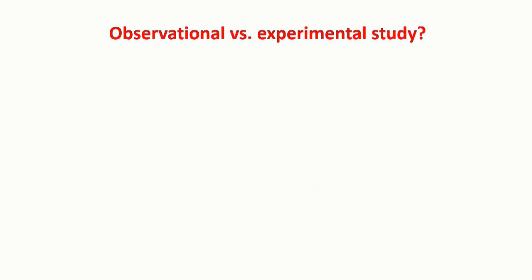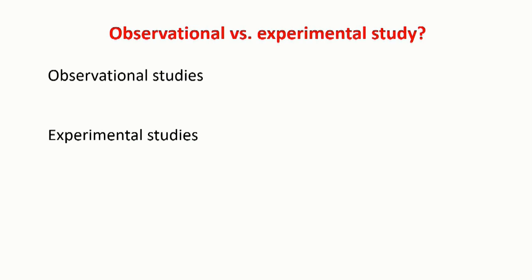So again, we're talking about the difference between observational and experimental studies. Think about it. What do you think is the difference between the two? First, observational studies and experimental studies.